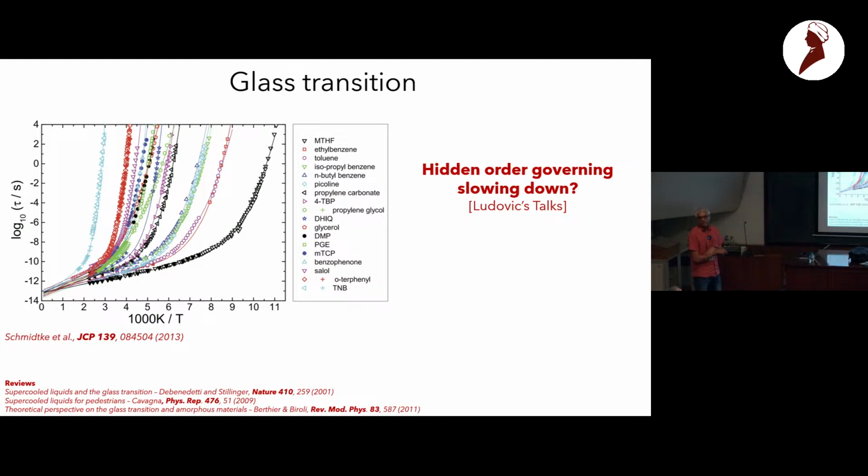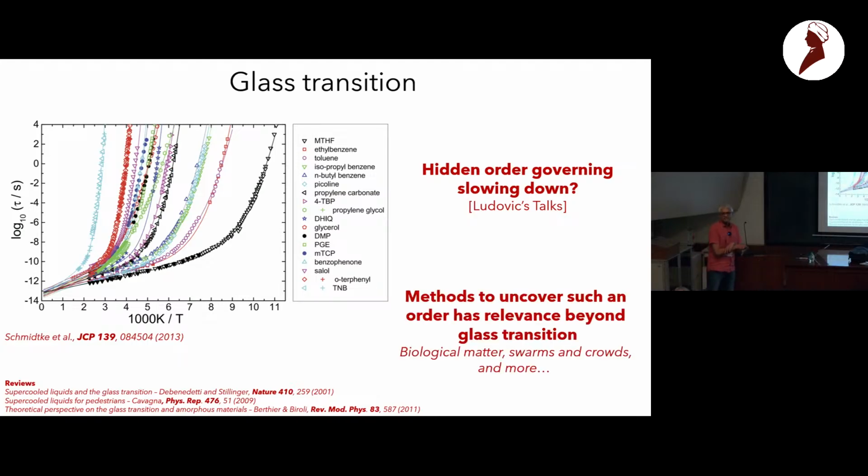The one that's been keeping us going is to look for experimental methods that allow us to probe order in these systems. What's fascinating is that this is not just relevant to the glass problem. So if you do find these methods, it's got a broader reach, okay? And that's what's been fascinating.